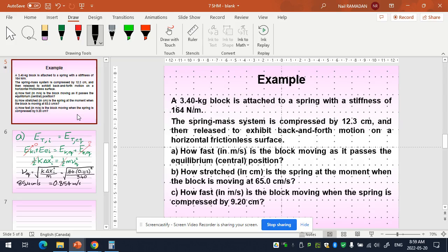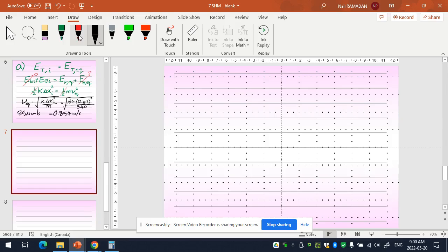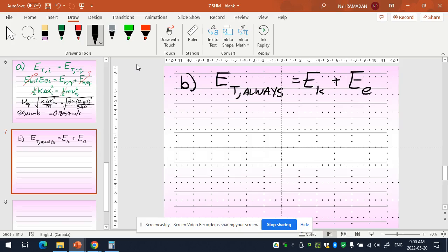So, everyone, for part B, we're going to say that ET, total energy, always equals EK plus EE at any moment. ET always can be calculated from what? ET initial. All right.